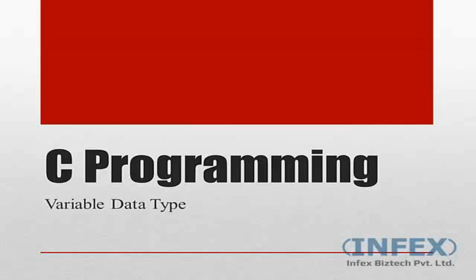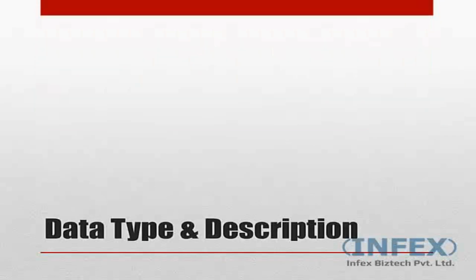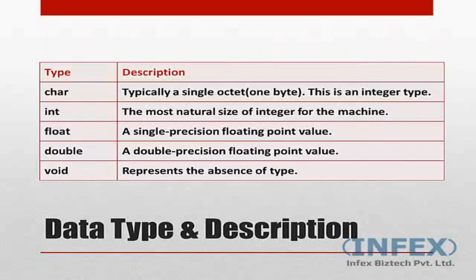In our previous tutorial, we got some theoretical knowledge about data types, their ranges, and their sizes. In this tutorial, first we will cover which data type is used for which type of variables. Data type and descriptions. Char or character.